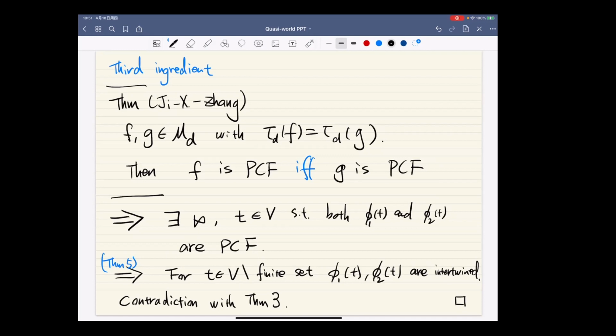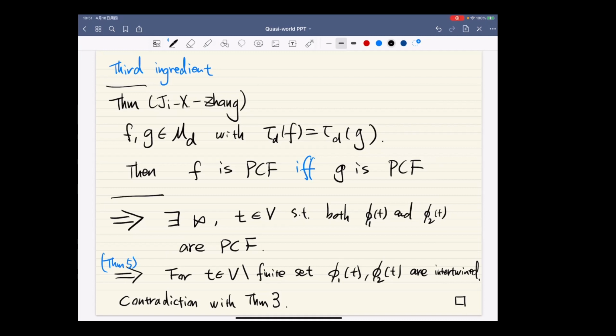Let me see. For example, in our theorem, the proof is something like this. You look at the non-zero multiplier. The non-zero multiplier is an element in C star, right?